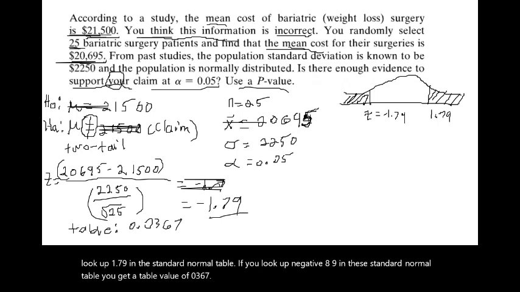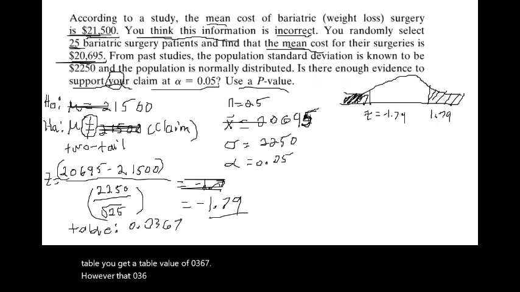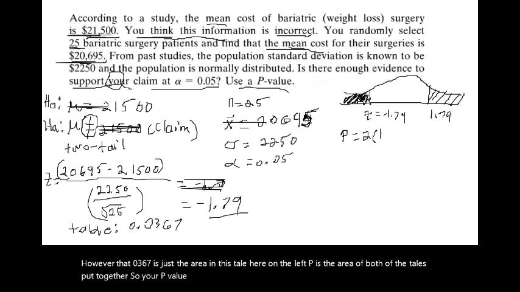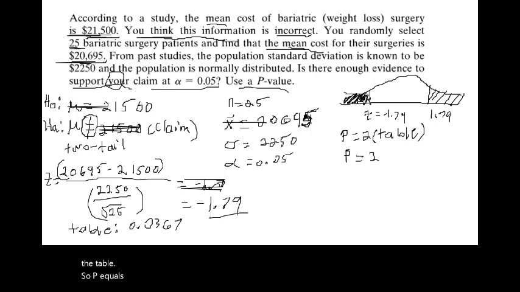However, that 0.0367 is just the area in this tail here on the left. P is the area of both of the tails put together, so your p-value is going to be 2 times that area in the left tail, which we found in the table. So P equals 2 times 0.0367 will give you a p-value of 0.0734.